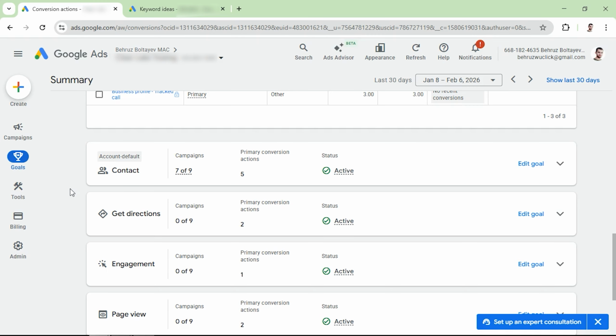But make sure that if your goal is to generate phone calls from Google Ads, you should track phone calls coming from the ads. And also you should set up conversion actions for your website as well. So if somebody is using the mobile version of your website and they click on a call button, you should track the phone call button click as well. And you can use that for optimizations later to optimize your keywords, ad groups, or campaigns.